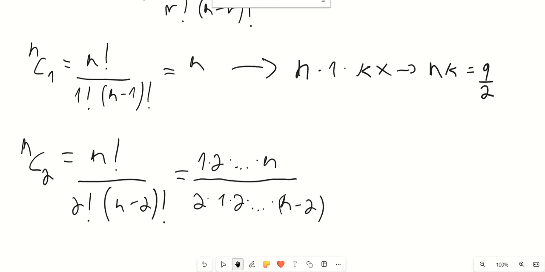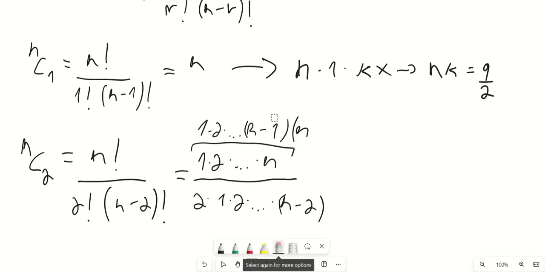Now in the numerator I multiply all the numbers till n. This means I go 1 times 2 times 3 up to n minus 2, n minus 1 times n.